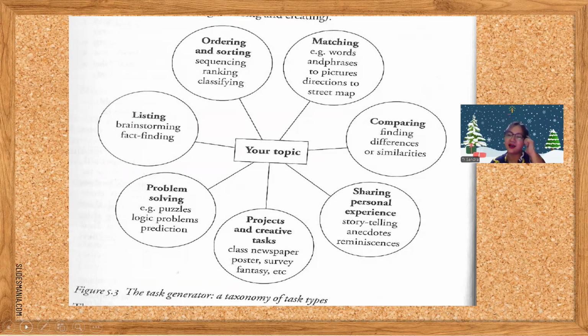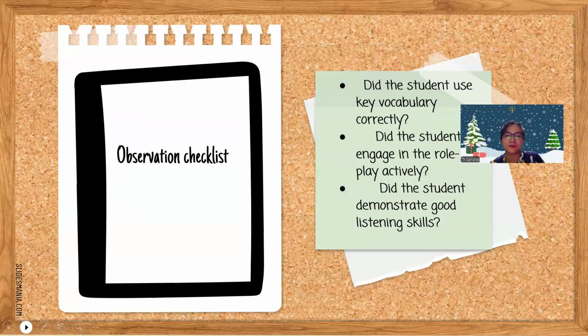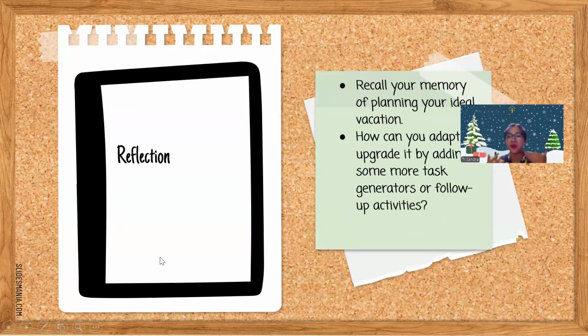So here, I want you to think, brainstorm for a while. Let me move to this one a little bit, okay? I want you to recall the memory of what we have done previously. How can you adapt it or upgrade it by adding some more task generators or follow-up activities? Can you think of one suggestion?